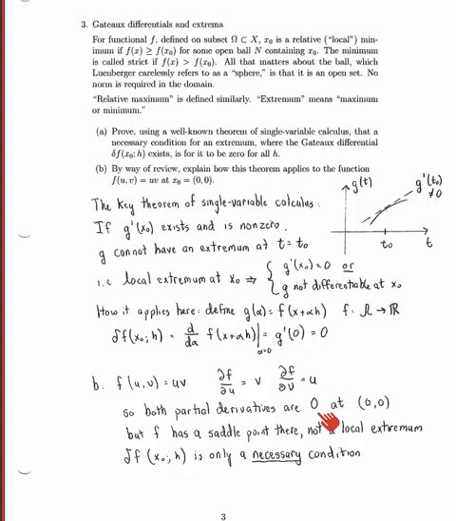Those are the two partial derivatives, and both those partial derivatives are equal to 0 at the point whose two coordinates are 0. But, as I trust you know, f doesn't have an extremum there. It has neither a maximum nor a minimum. It has a saddle point. That's okay. All I said was that having the Gateaux differential equal to 0 at x0 is a necessary condition. It's definitely not a sufficient condition.